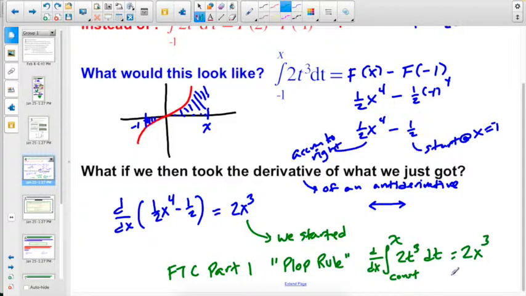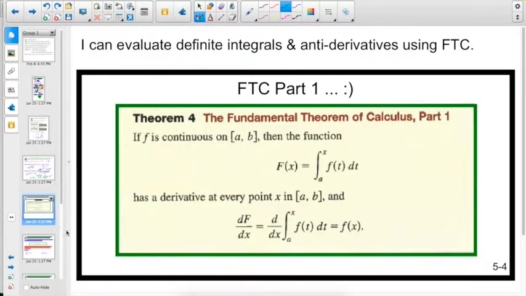And that's what we end up with. And so that is the Fundamental Theorem of Calculus, Part 1. So if we look on this next page here, that's what this says. We're taking the derivative of the antiderivative, and so we end up just with the original function. We end right back up with that same function, but with x in there instead.